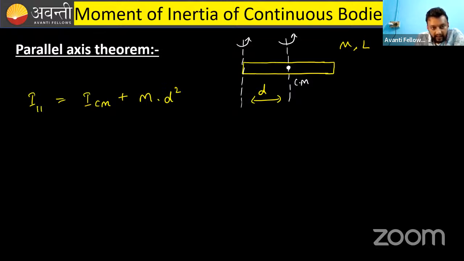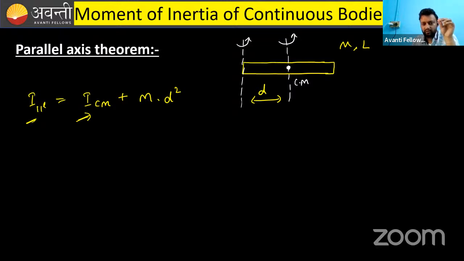Now I will write it here, I parallel. Moment of inertia about any parallel axis is equal to the moment of inertia about the center of mass axis plus md square. And what two axes should be parallel? The axis passing through the center of mass and the given axis, these both should be parallel to each other.